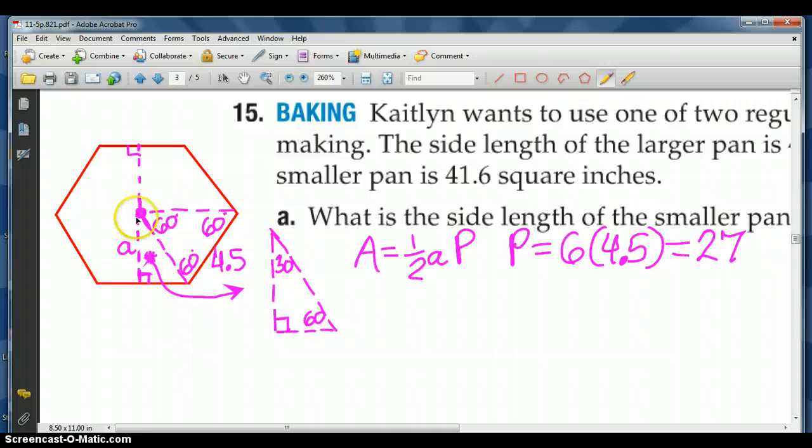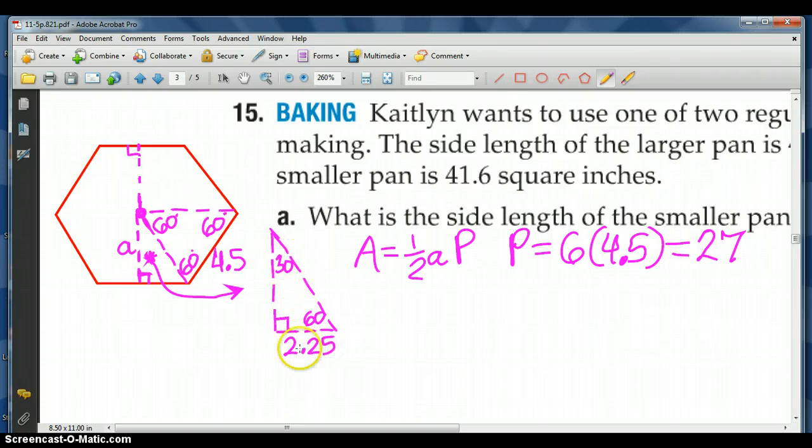So if I want to find this length right here, notice I blew that up for this diagram. So half of 60, this angle would be 30. This angle down here is 60, and then of course I have 90 here. Half of the side, since the entire side is 4.5, half of 4.5 is 2.25.